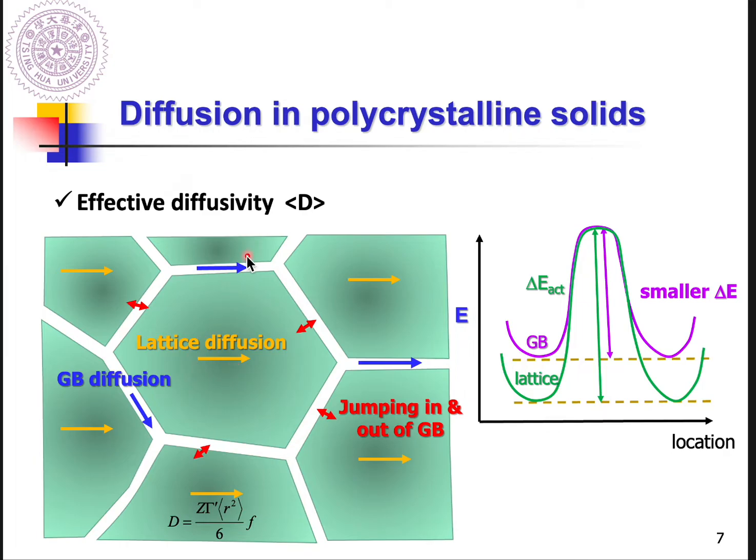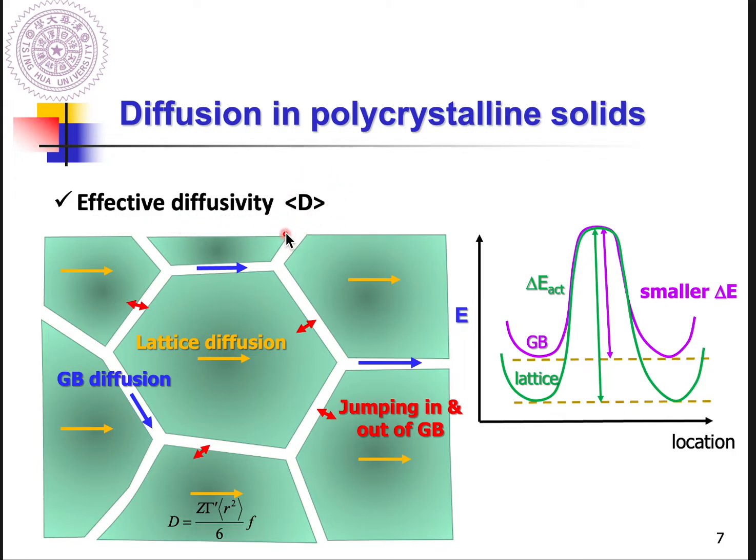For this kind of diffusivity, we sum all the possible diffusion paths, included the diffusion in the grain and also in the grain boundary. The sum of the contributions from different diffusion paths, we call it the effective diffusivity.